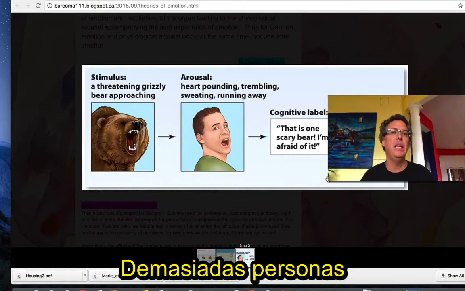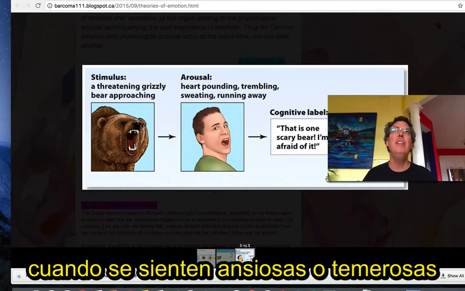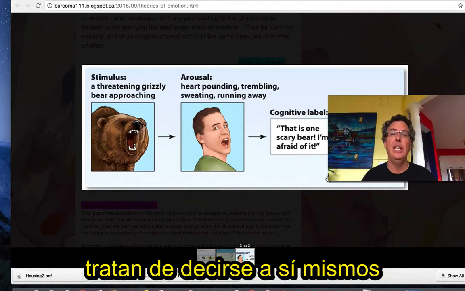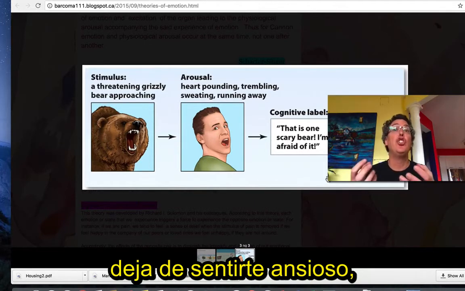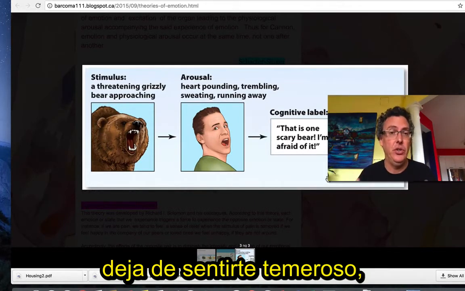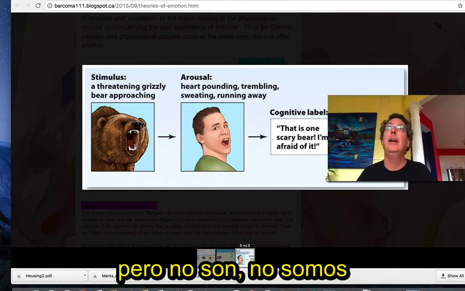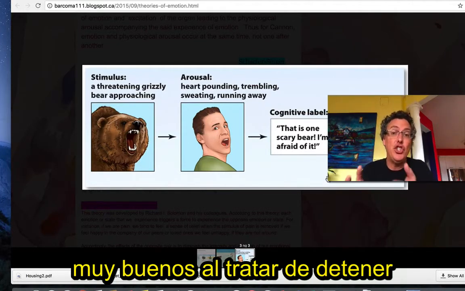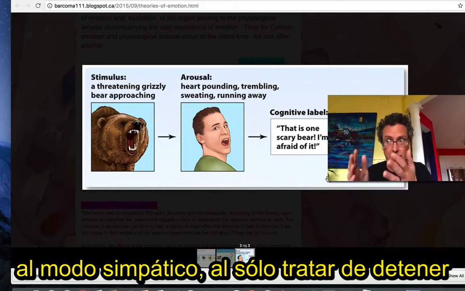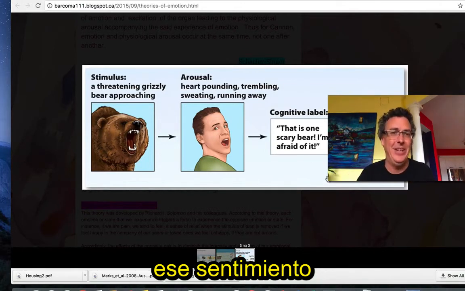Too many people make the following mistake. When they feel anxious or fearful, they try to tell themselves, stop feeling anxious, stop feeling fearful. But we're not very good at stopping the sympathetic mode by just trying to stop that feeling.